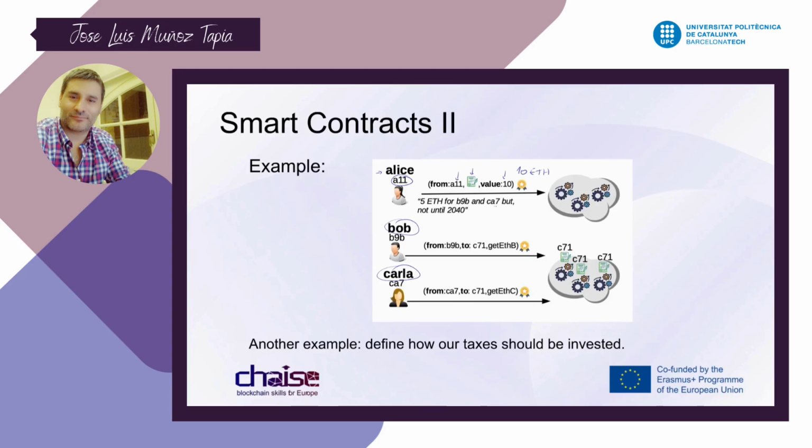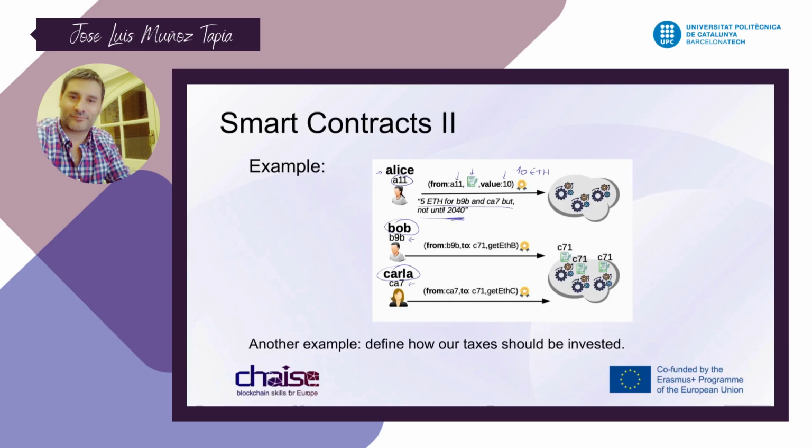And the code of the smart contract is going to say something like, this smart contract will send 5 ethers to Bob, the account B9B, and another 5 ethers to Carla, which is this account CA7, but not until 2040.